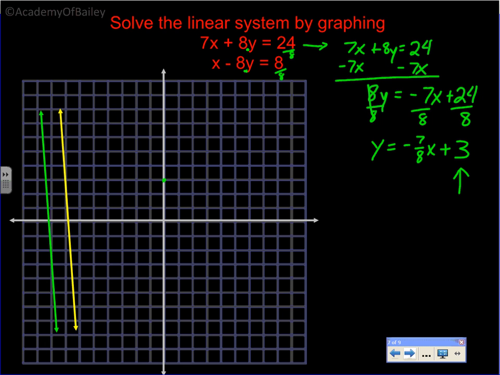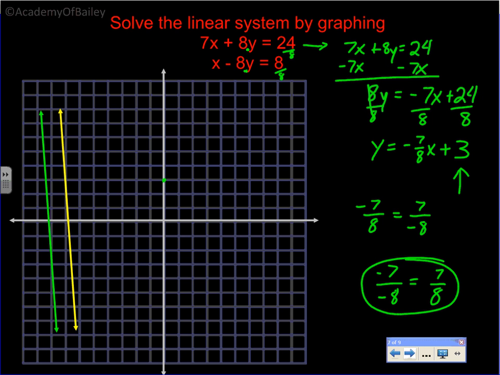And then for your slope of negative 7/8, that's either negative 7 over 8 or it's 7 over negative 8. One of those two. It is not both of them, because if it was both, we know a negative divided by a negative is a positive, and we do not have a positive there.